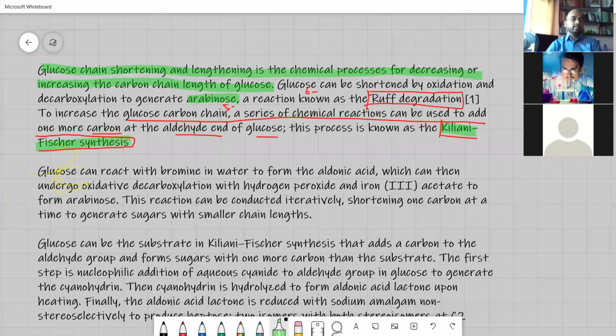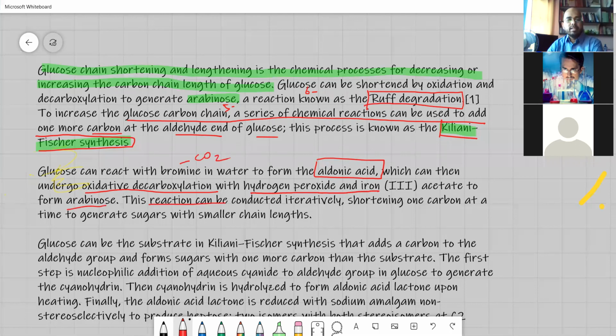So, glucose can react with bromine in water to form aldonic acid, which can then undergo oxidative decarboxylation. That is, oxidation followed by removal of CO2, with hydrogen peroxide and iron acetate to form arabinose.